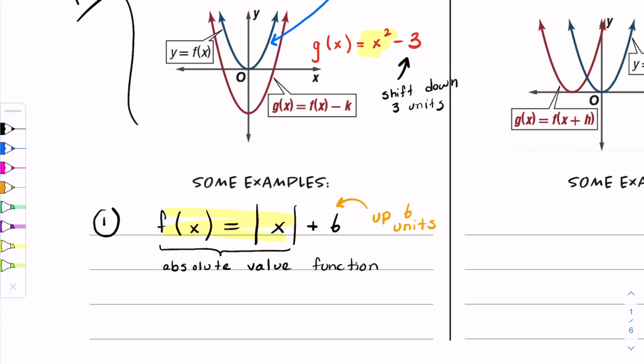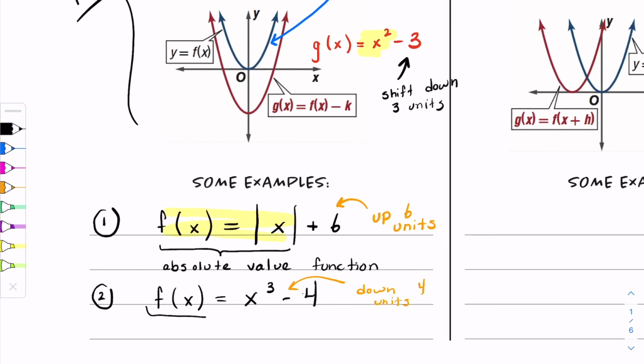All right, my second example, we'll use the cubic function. We could have f of x is equal to x cubed minus 4. And this is telling us to go down 4 units.